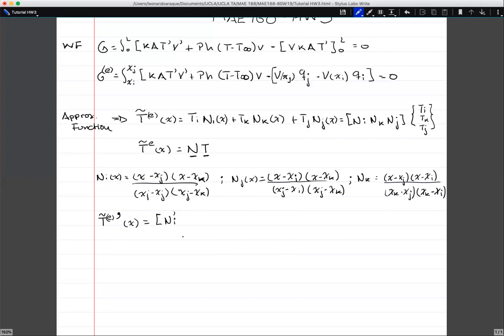So if we take the derivatives with respect to x for each of the shape functions, we should be able to express the derivative of the approximate function.